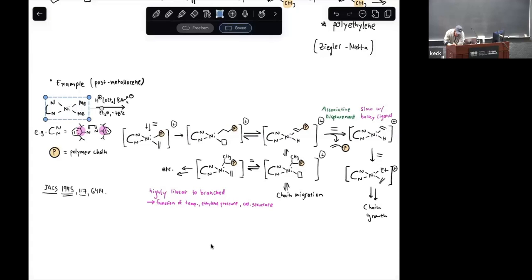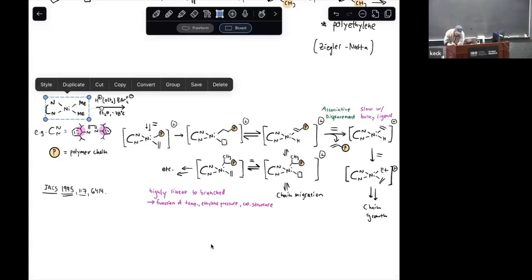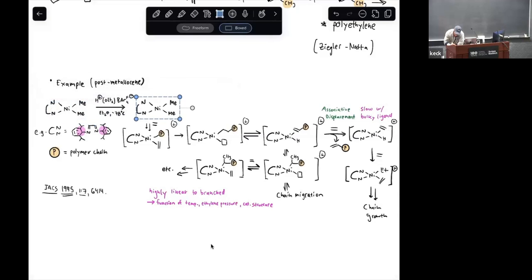We have dimethyl nickel bis-imine complex, and then we're going to treat it with this unusual looking Bronsted acid. What's going to happen here? Think back to our discussion of how to enhance ligand exchange. Al, what do you think?